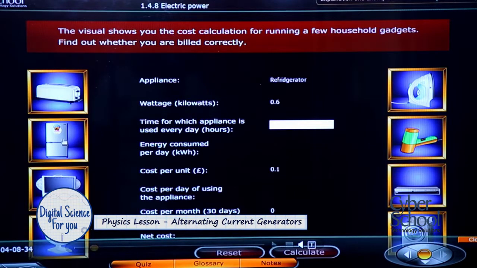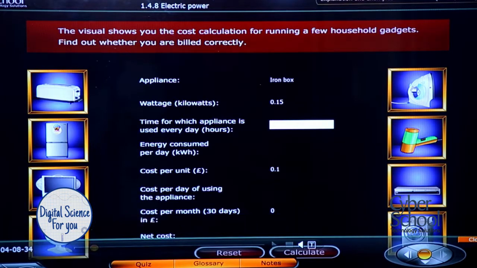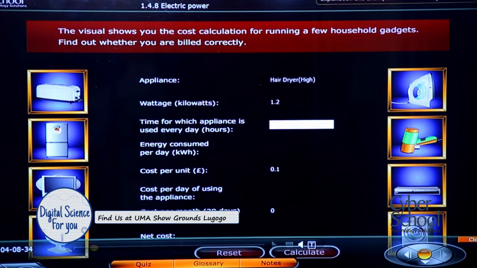The third one is a computer. The fourth one is a fan. The next one is a flat iron. The next one is a hair dryer. The next one is a VCR. And then lastly, we have the washing machine.